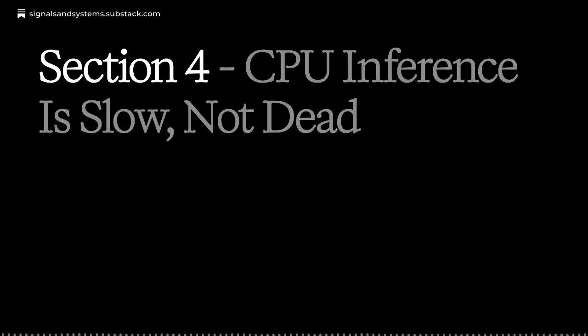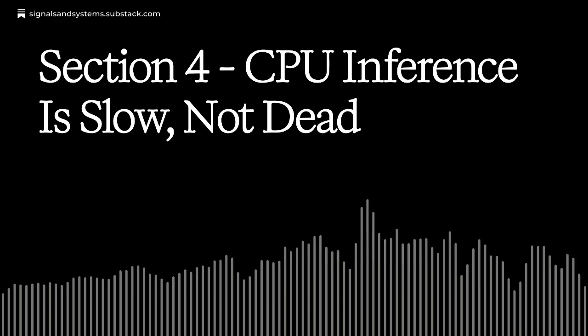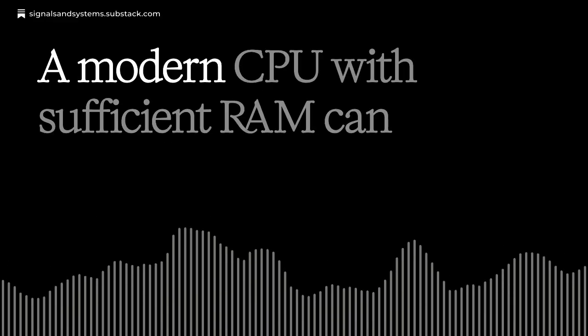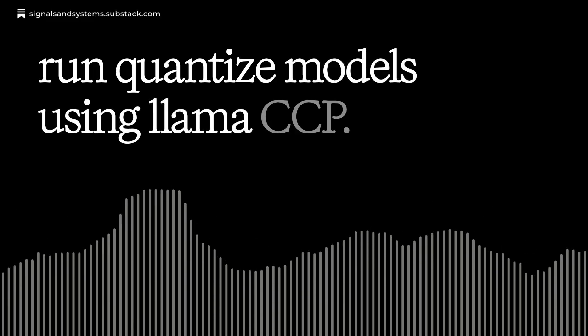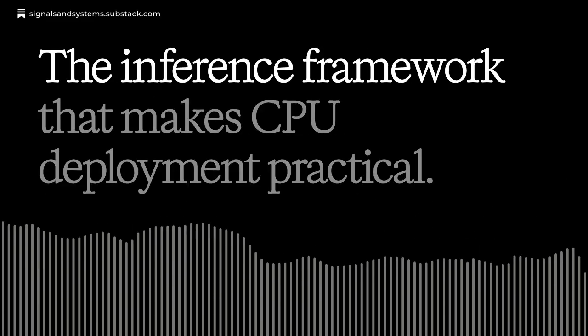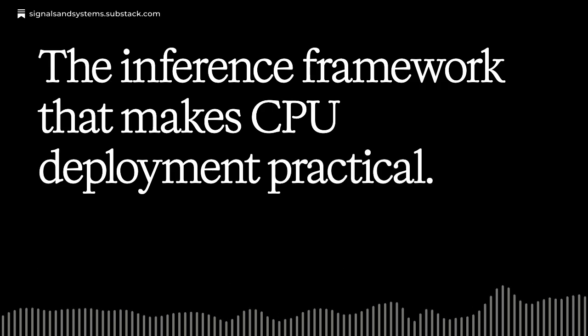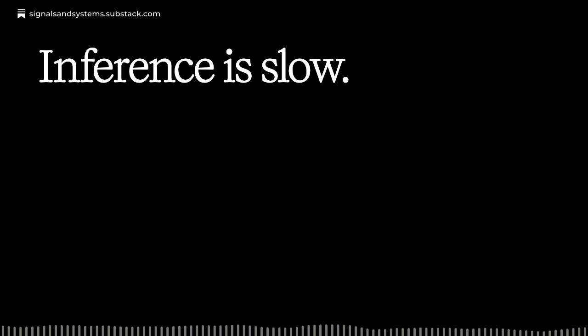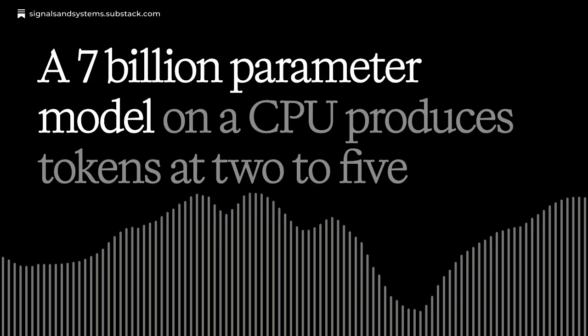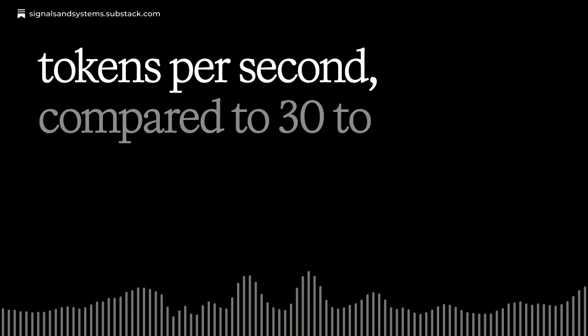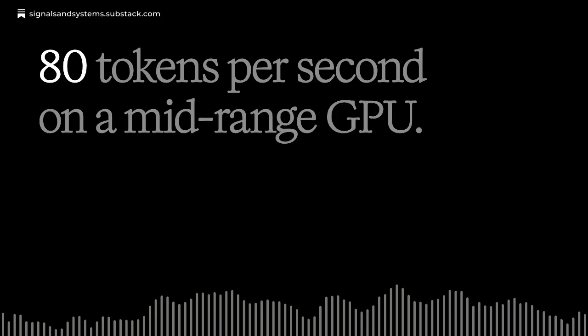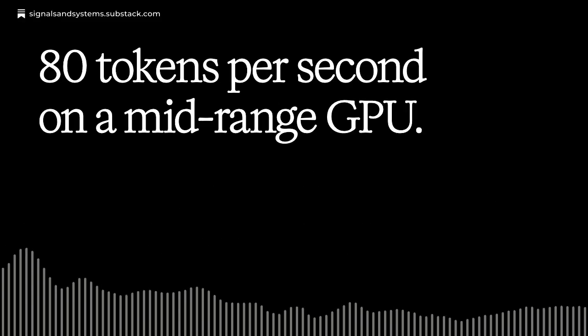Section 4. CPU inference is slow, not dead. A modern CPU with sufficient RAM can run quantized models using llama.cpp, the inference framework that makes CPU deployment practical. Inference is slow. A 7 billion parameter model on a CPU produces tokens at 2 to 5 tokens per second, compared to 30 to 80 tokens per second on a mid-range GPU.